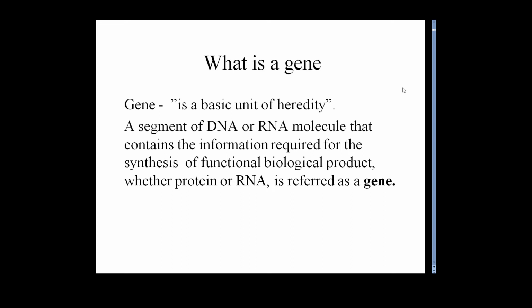Now, the typical definition is a basic unit of heredity, but really it's a segment of DNA, or RNA in RNA viruses, which consists of information about synthesis of biologically active products, usually proteins or RNAs.